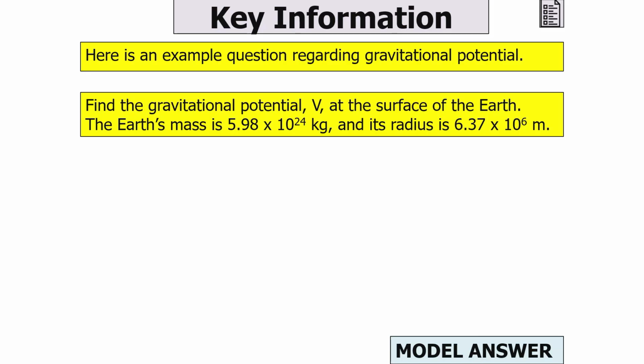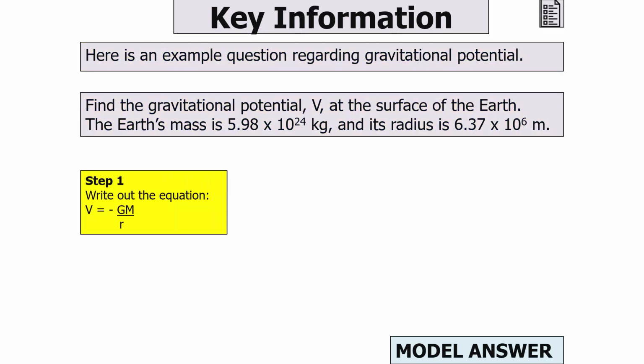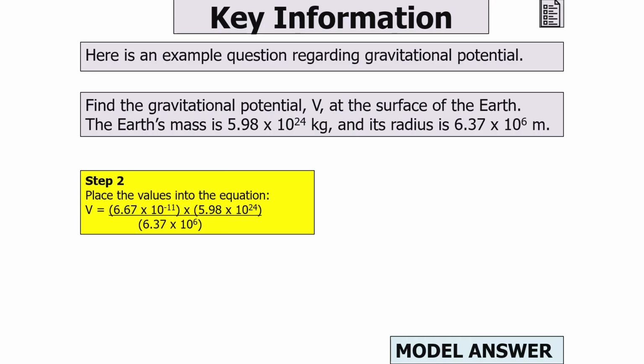The Earth's mass is 5.98 times 10 to the 24 kilograms, and its radius is 6.37 times 10 to the 6 meters. Our first step is to write out the equation, V equals minus GM over r. The second step is to place the values into the equation. V equals minus 6.67 times 10 to the minus 11 times 5.98 times 10 to the 24 over 6.37 times 10 to the 6.